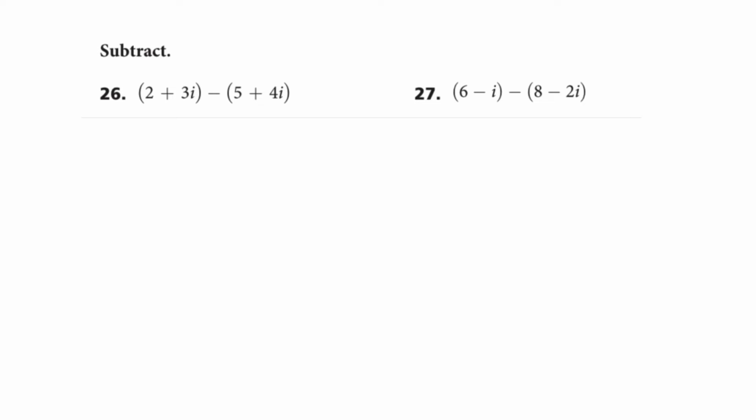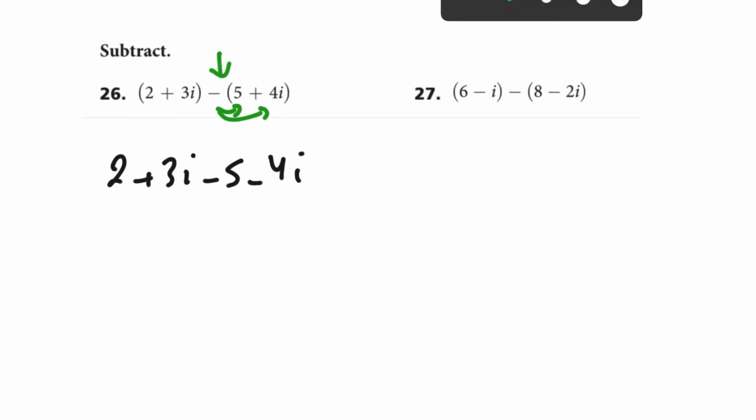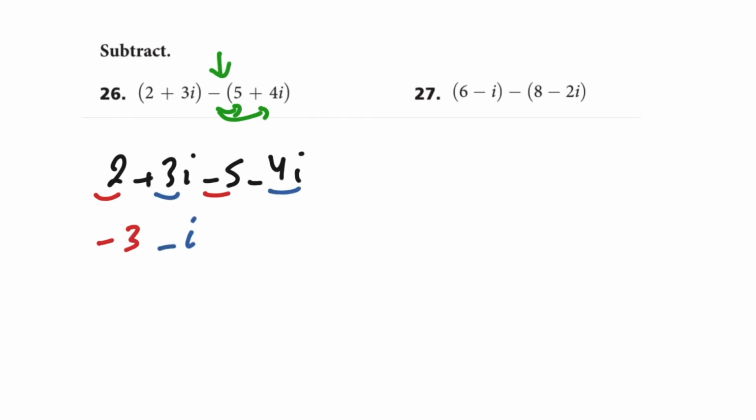How to subtract two complex numbers? Because of the negative, I'm gonna change the signs of the second bracket. So 2 plus 3i minus 5 minus 4i. Combining like terms, negative 3 and negative i.